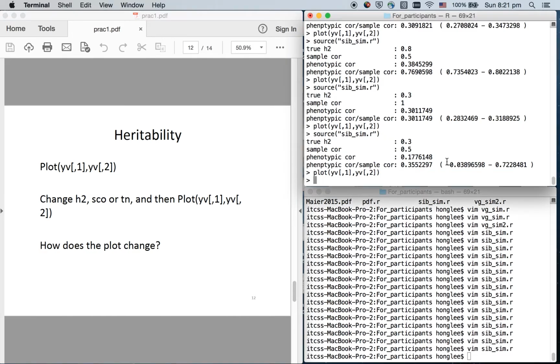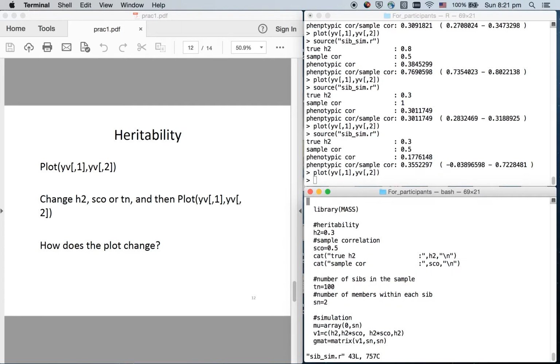But this confidence interval is affected by number of records. However, this confidence interval is not relevant to the heritability or sample correlation. Did that make sense? Also, probably we can check.